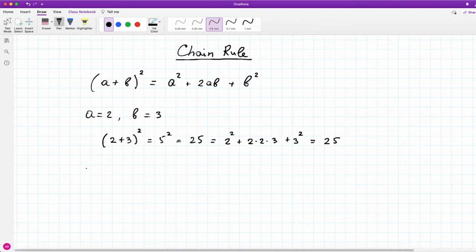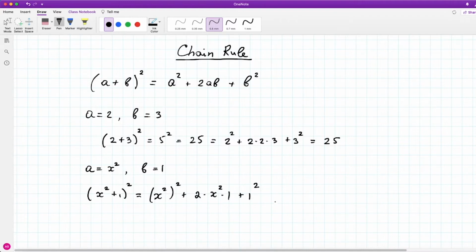So for instance, we can replace a with x² and b with, let's say, 1, and that's going to give us the following identity: (x² + 1)² = (x²)² + 2 times x² times 1 + 1². And we can further simplify this to x⁴ + 2x² + 1.